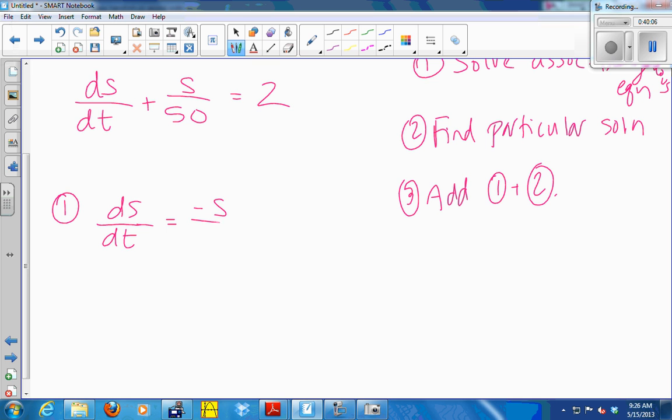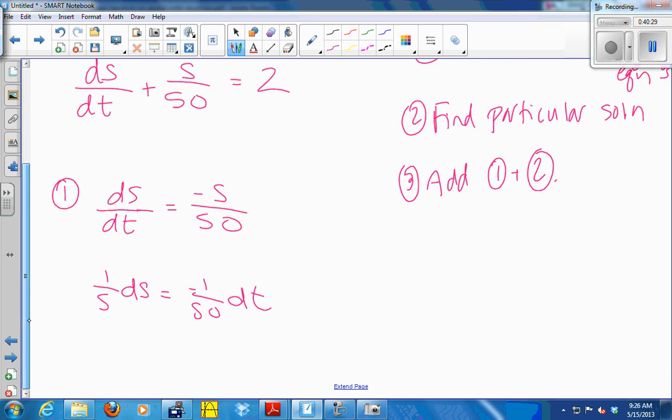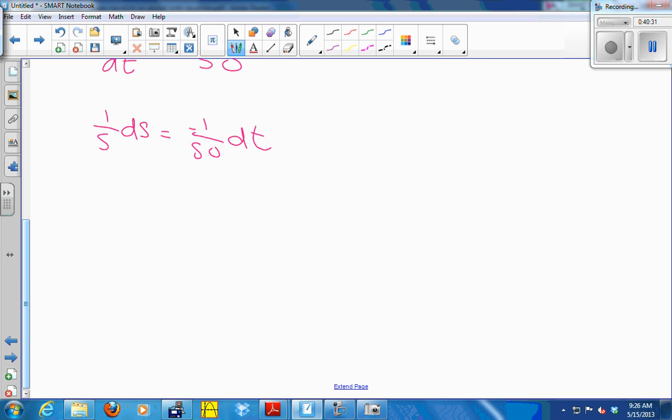equals negative s over 50. Just drop the 2, the associated homogeneous. So this one, I could divide both sides by s, 1 over s ds equals negative 1/50th dt, and solve by integrating both sides.